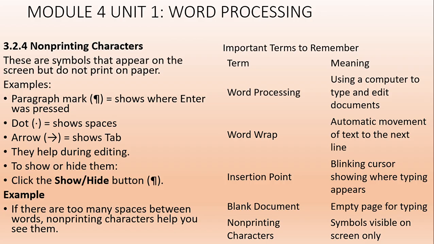All these symbols help during editing, and you can show or hide them. They will never show on your hard copy, but you'll be able to see them while you are using your program, while you are typing. If you want to print, they will not appear.